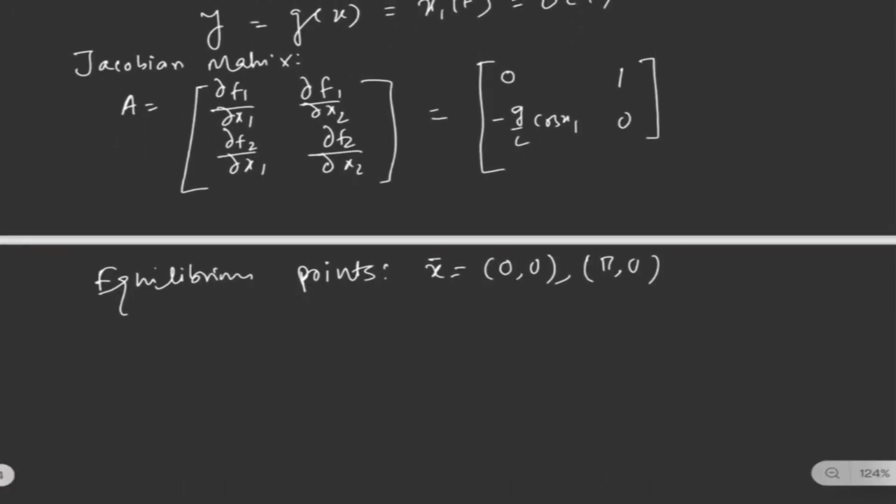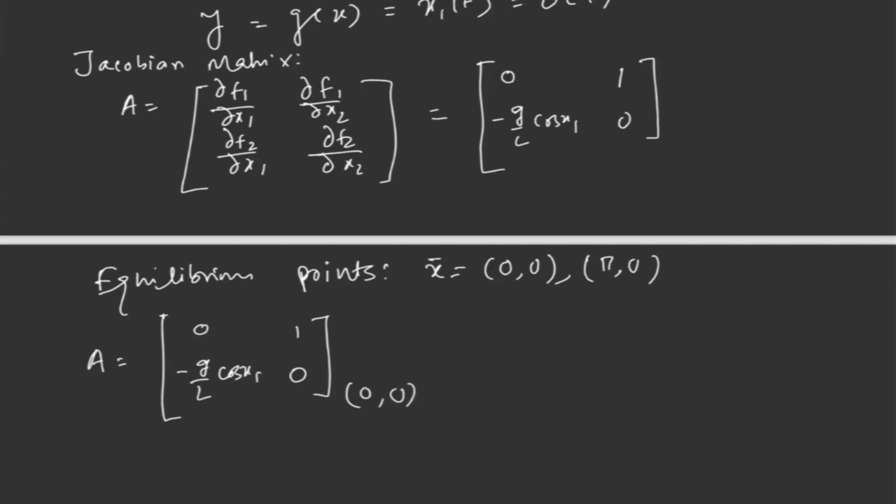Now we'll find the Jacobian matrix for the equilibrium point (0, 0). So A is 0, 1, minus g by L cos x1, 0. At equilibrium point (0, 0), for x1 equal to 0, cos x1 will be 1, so we have 0, 1, minus g by L, 0.